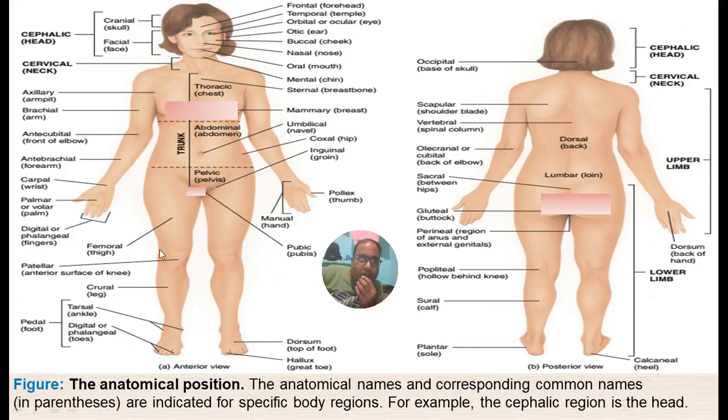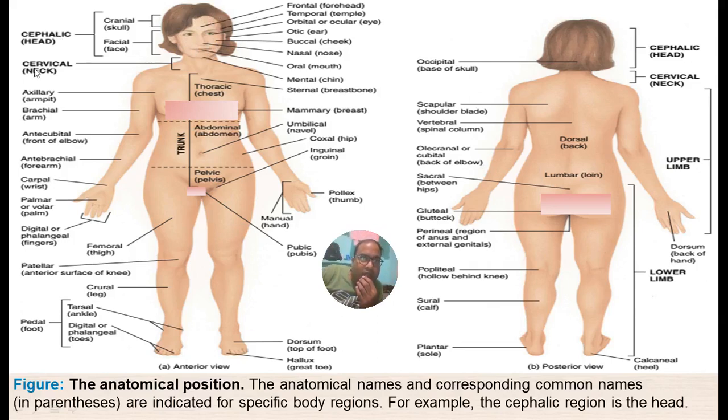These are the basic external body parts. This is the cephalic region, meaning the head region. It contains the cranial, skull, and facial, face region. So the cephalic, head region consists of the face and skull, as we have studied.